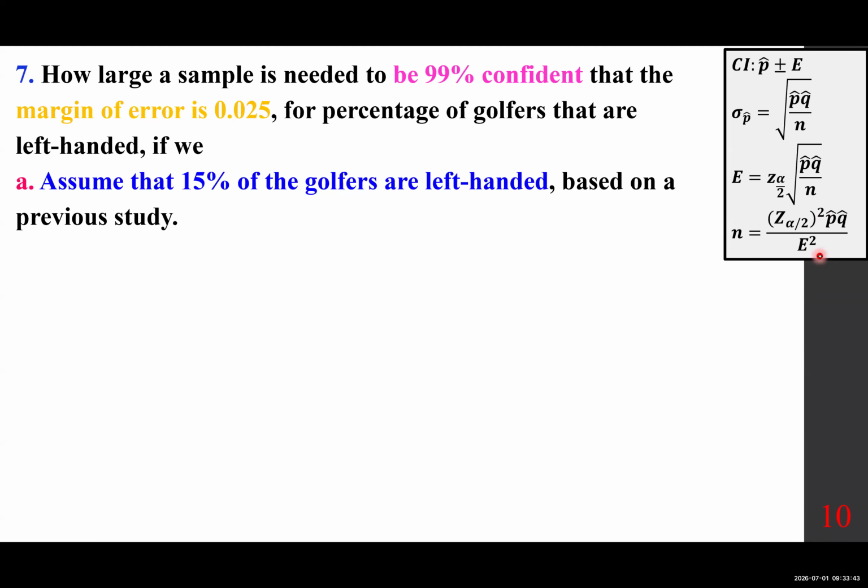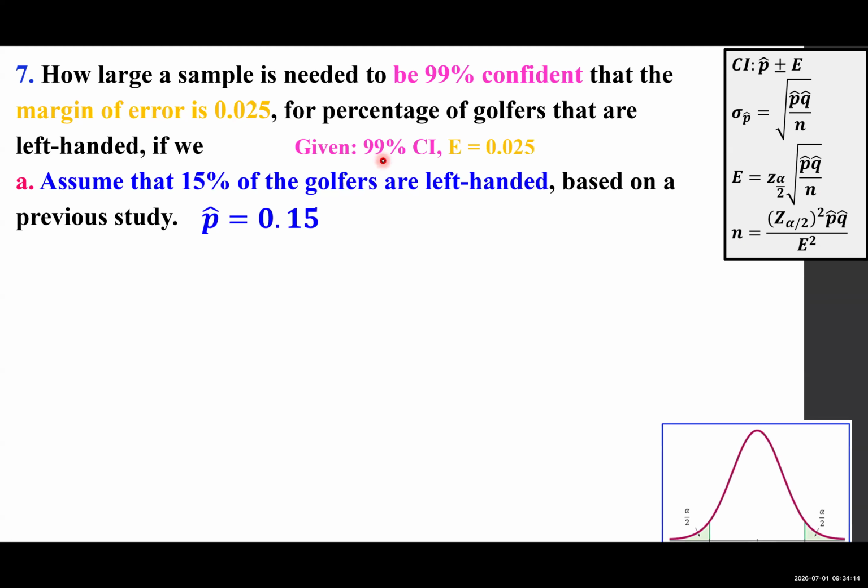So what is given here? P hat is 0.15, confidence level 99%, and E is 0.025. This formula has everything except the z from 99%.